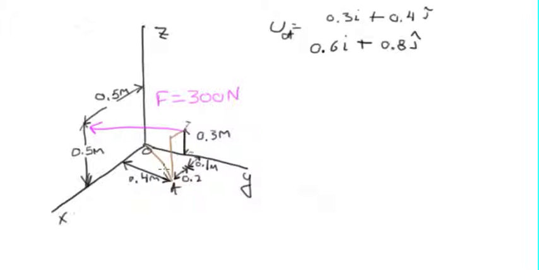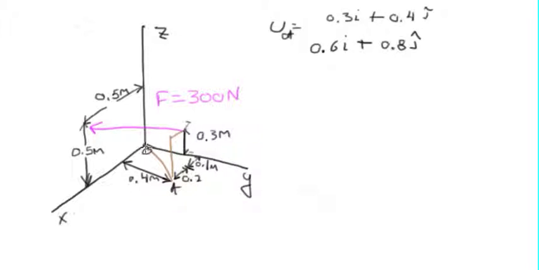Now you need to find a vector which points anywhere along this axis. Think of that as like the hinge of the door. Anywhere from this hinge to anywhere on the force. So you could choose from here to here, from here to here, here to here.